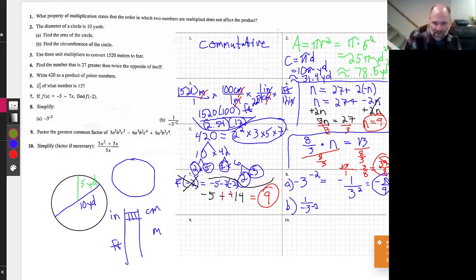Remember, the negative is not affected. So then we have a 3 to the positive 2 on top with a negative sign on the bottom. Well, just put that negative. So now we've got 9 divided by -1. So that's just -9.